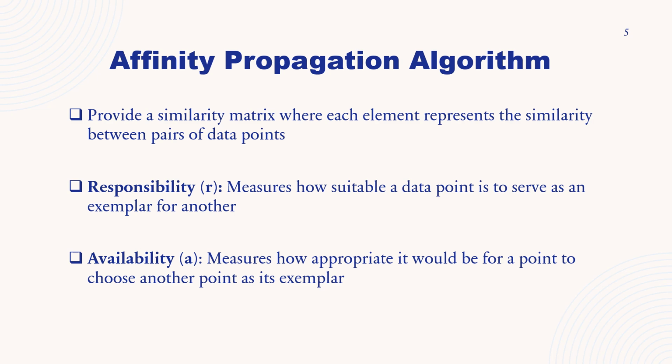The algorithm: we provide a similarity matrix where each element represents the similarity between pairs of data points. Now, responsibility measures how suitable a data point is to serve as an exemplar for another, and availability measures how appropriate it would be for a point to choose another point as its exemplar.